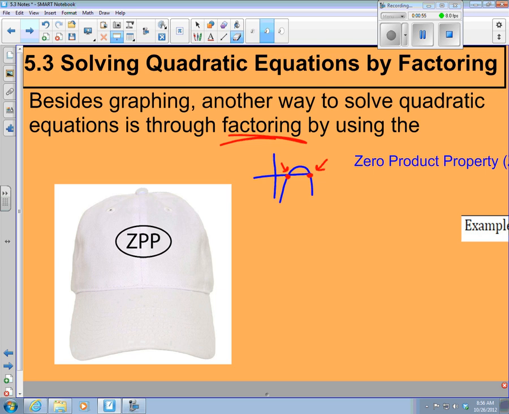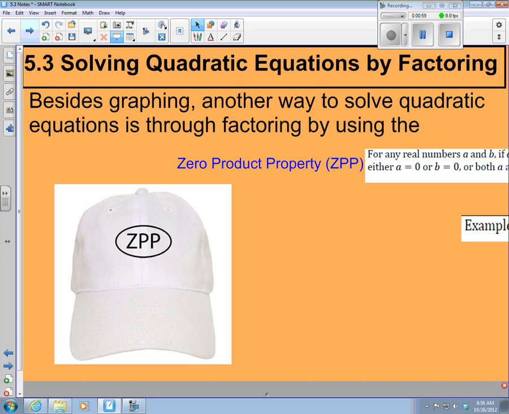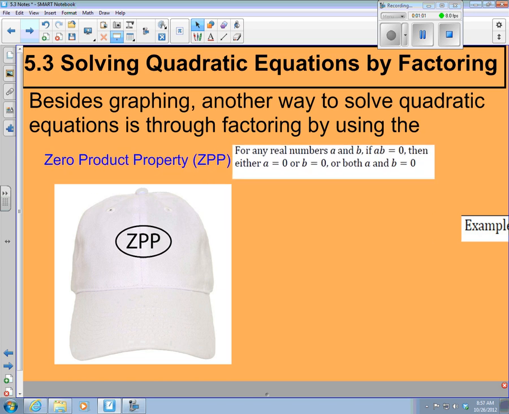So, first thing I got to teach you is this. The zero product property, the ZPP. For any real numbers a and b, if a times b equals 0, what they mean is this: if you're multiplying these 2 factors, a and b, and it equals 0, well, one of 3 things has to be true.